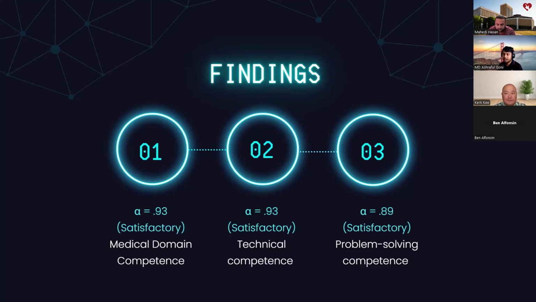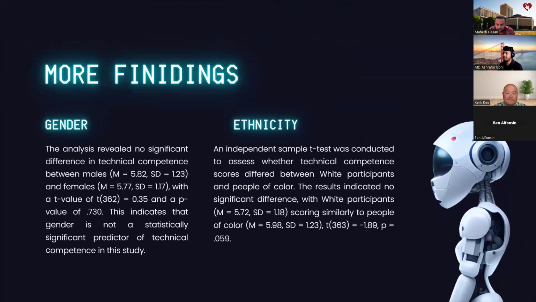And then we have some more findings. So as I mentioned earlier, we also had collected data on different demographic variables. So we also did some statistical analysis with the data we have collected with our skills.